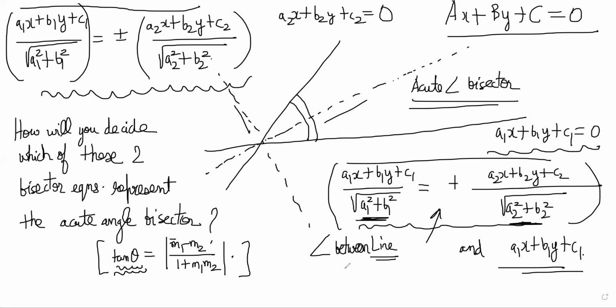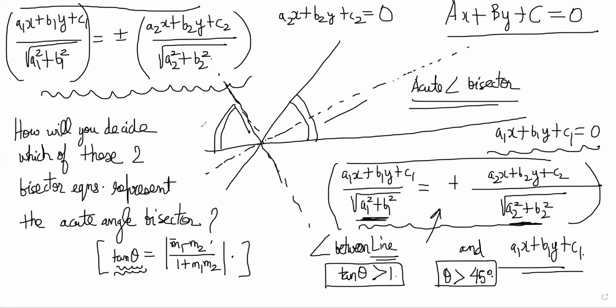If your tan theta is greater than 1, that means the angle theta is greater than 45. So if my theta is greater than 45, then this must be the obtuse angle bisector, no? The angle between this and this is greater than 45, because then the total angle is greater than 90, right?